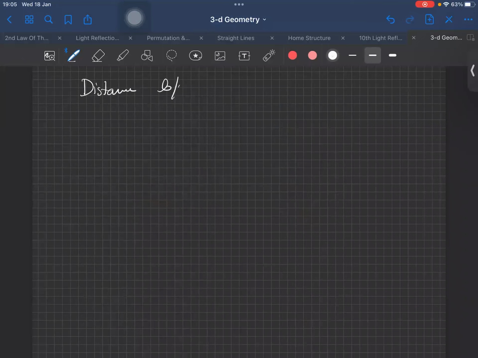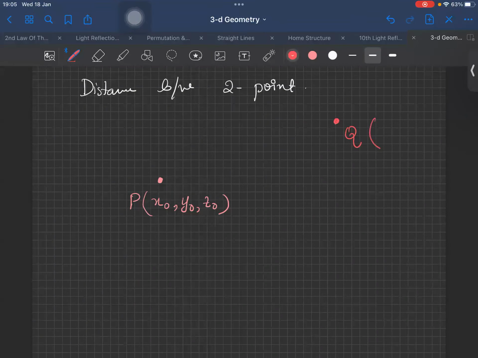Distance between 2 points. Now see, any 2 points in space can be represented like P (x naught, y naught, z naught), and some point in space, let's say Q (x1, y1, z1).